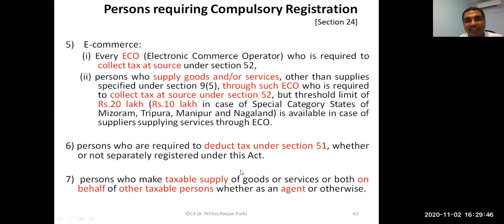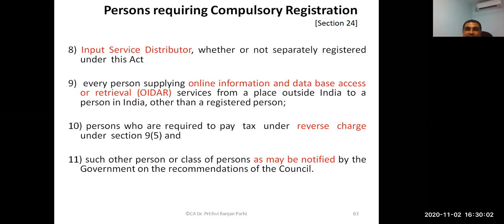Then a person who makes taxable supply of goods and services on behalf of another person, whether as an agent or otherwise, is also required to get himself registered.